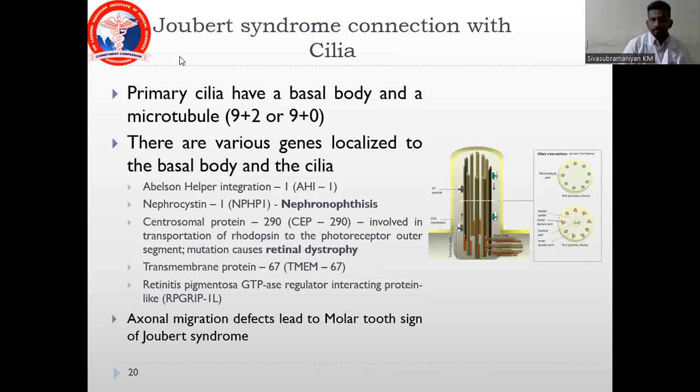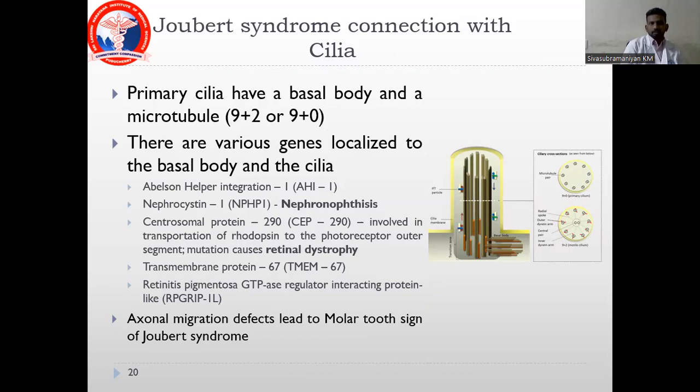So let's discuss Joubert syndrome. Joubert syndrome is a sort of syndromic association of cerebellar and brainstem abnormalities that can be associated with other anomalies as well, because the primary pathology in Joubert syndrome is a disorder of migration. So you have an intimate connection with the cilia.